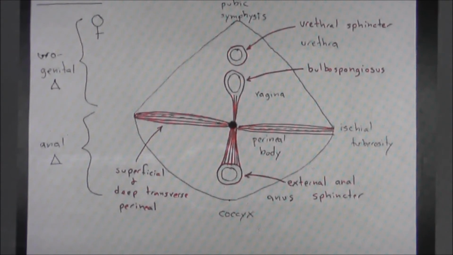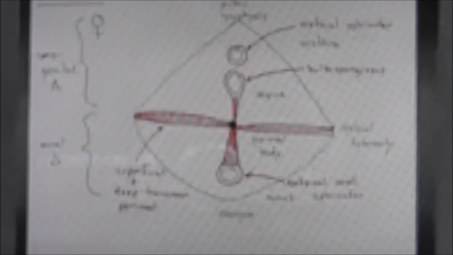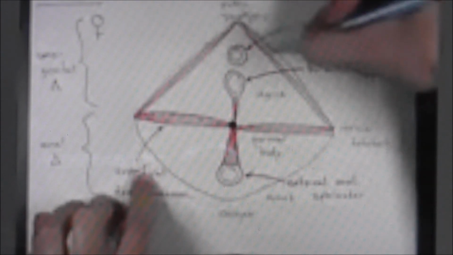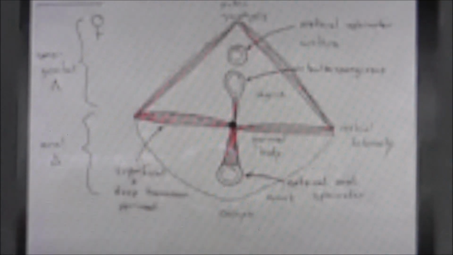And the last muscle to add here spans from pubic symphysis to ischial tuberosity, so on both sides. This is the ischiocavernosus muscle.